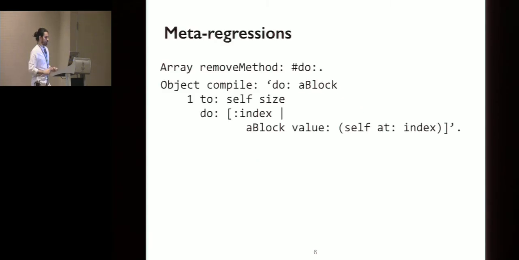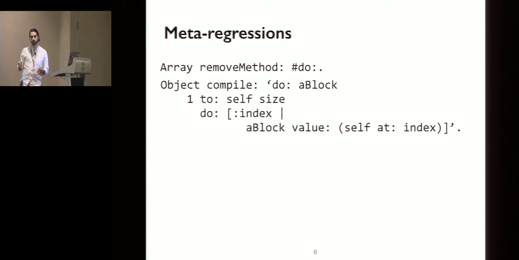If we imagine that we want to do a refactor in our core library of our language, for example, we have an array class that defines an iteration method called do, a for each method, and we want to move that do method to the superclass to make all our objects iterable. That's a really simple refactor. We just need to push up, or pull up, depending, the method.